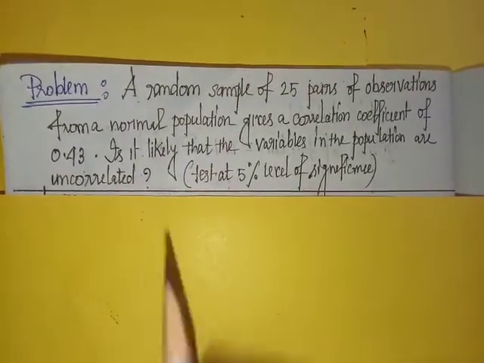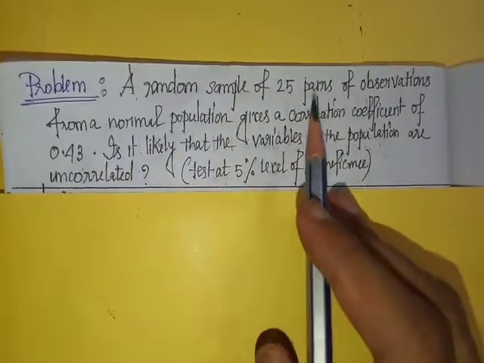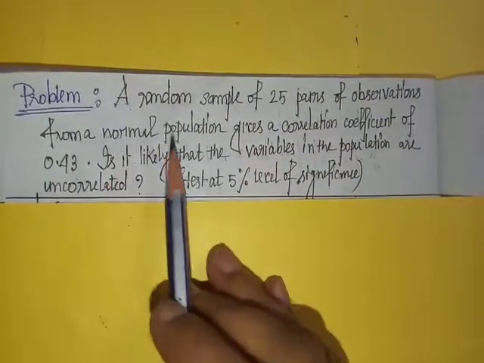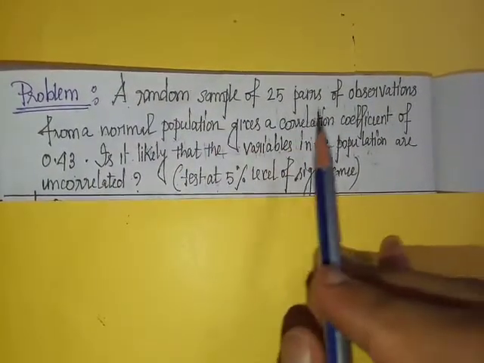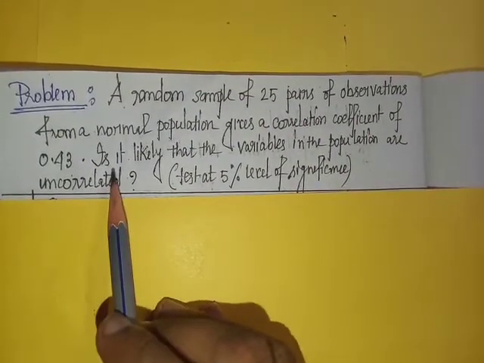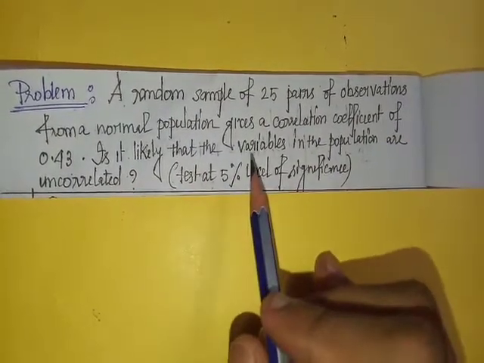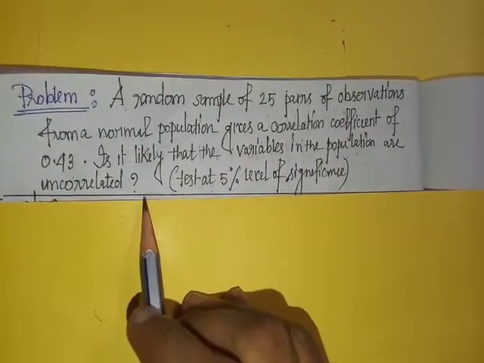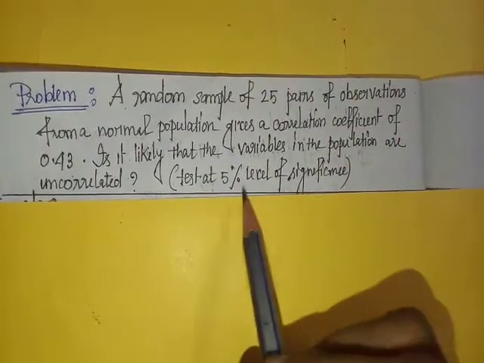This is a problem. A random sample of 25 pairs of observations from a normal population gives a correlation coefficient of 0.43. Is it likely that the variables in the population are uncorrelated? Test at 5% level of significance.